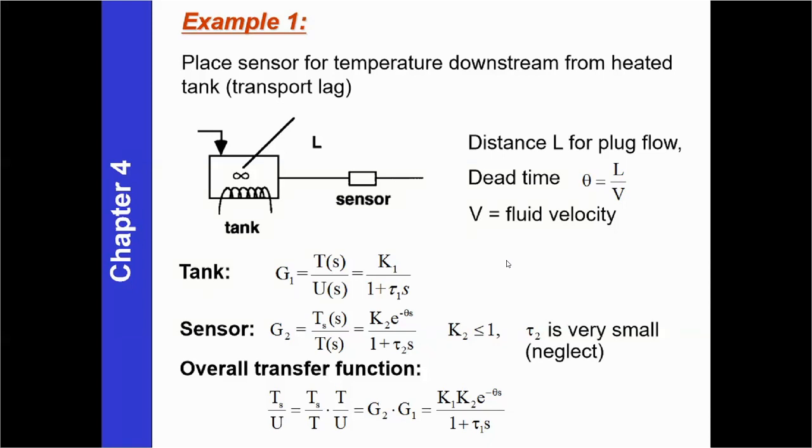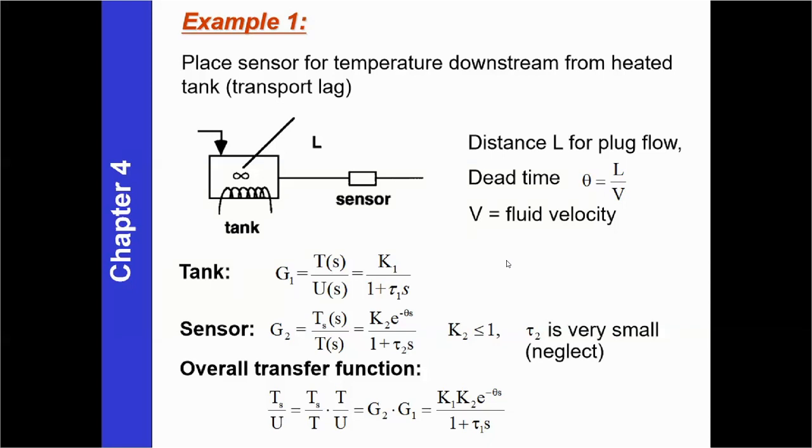Then the transfer function G1 for the tank is T(s) over U(s) equals K1 over 1 plus tau1 s, whereas the sensor G2 equals K2 e to the minus theta s over 1 plus tau2 s. For K2 less than or equal to 1, tau2 is very small or negligible.